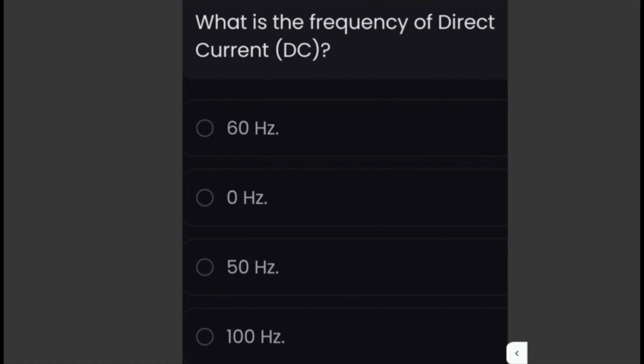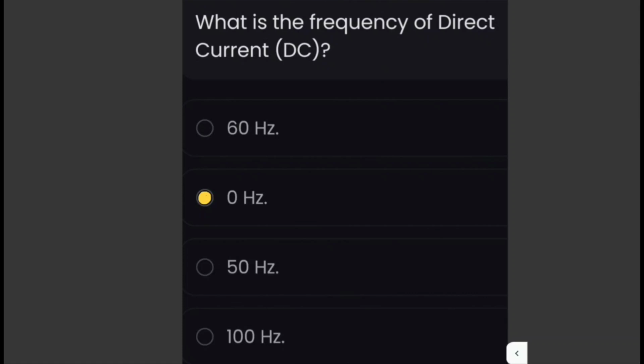What is the frequency of direct current, or DC? The answer here is 0 hertz. So what is frequency? Frequency is the number of occurrences of an event per unit time and can be expressed as hertz.